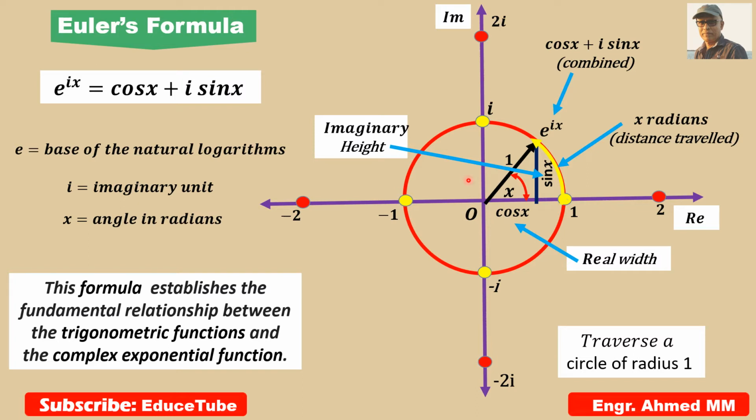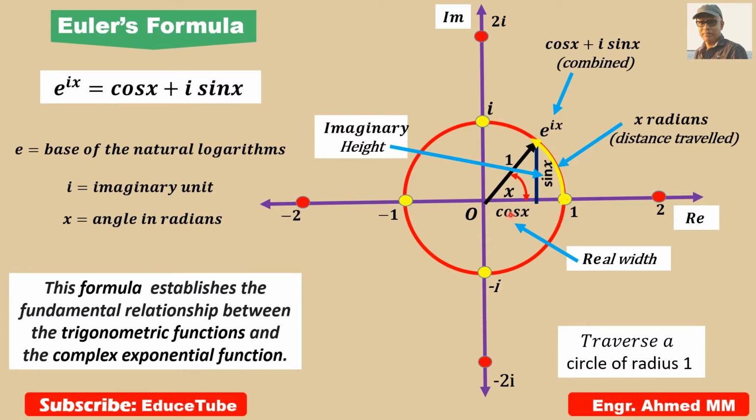Now for every angle x, it gives us a point on a circumference of radius 1, with the sine and cosine as coordinates of this unit circle. This is an important point.